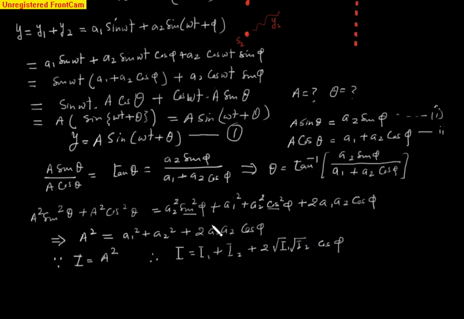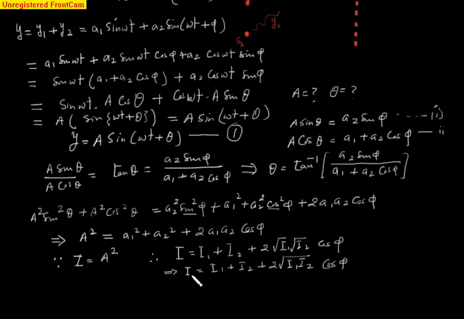Because here the amplitude is not squared, we take it as square root. So the total intensity will be equal to I1 plus I2 plus twice square root of I1 I2 into cos of phi.